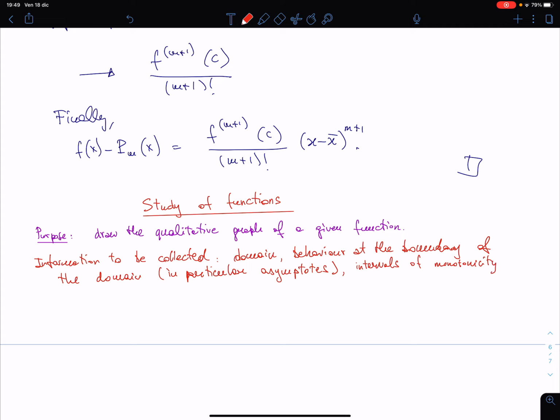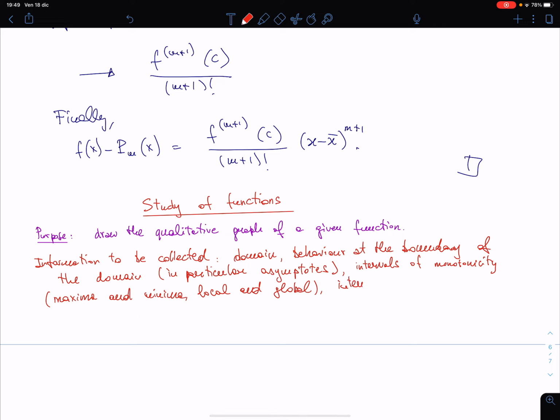And this includes the study of the maxima and minima, in both senses, local and global. And the intervals of convexity. This is the only word, the only notion that we have to introduce.